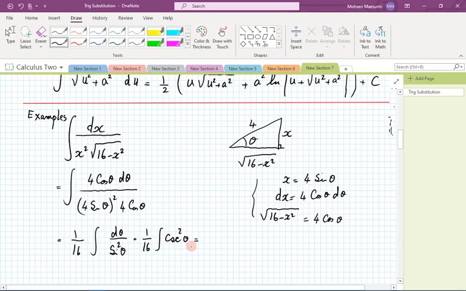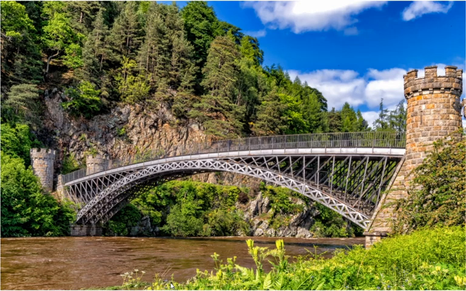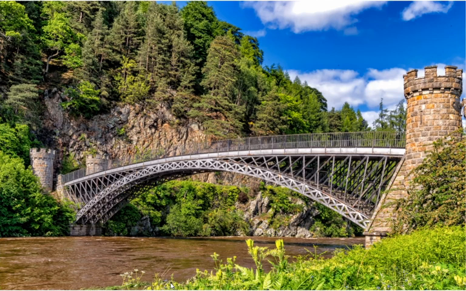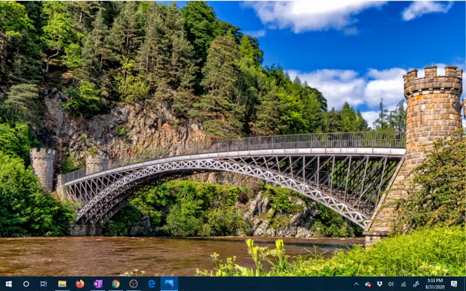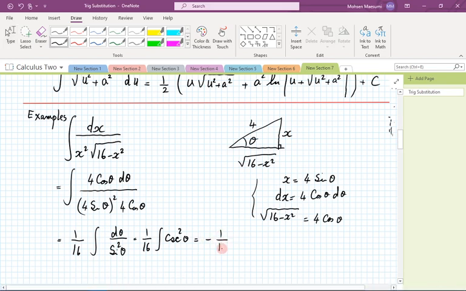Cosecant squared, what's the antiderivative of cosecant squared? You want to make sure you refresh your memory about all those basic formulas from calculus 1. So what is the answer to that? If you said cotangent, you are the grand prize winner.